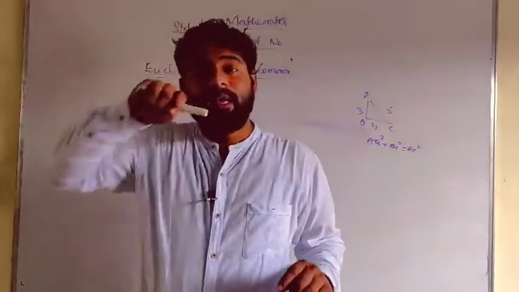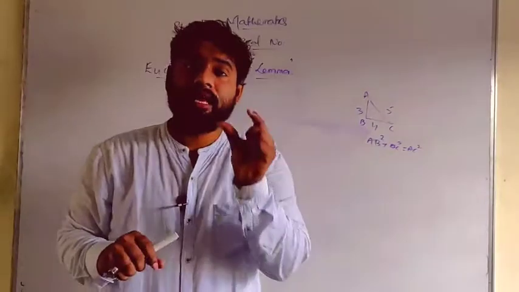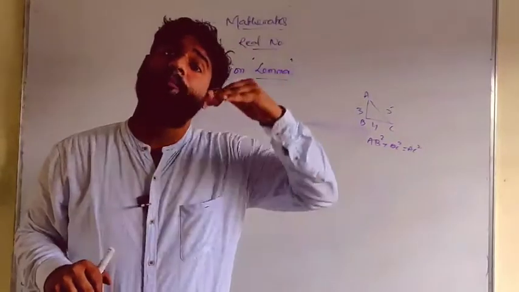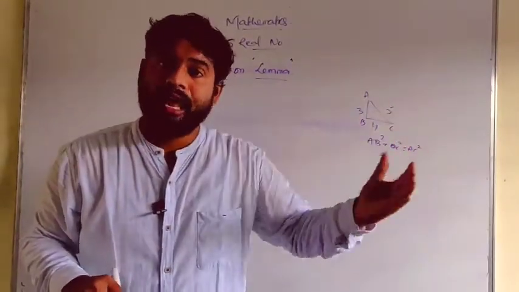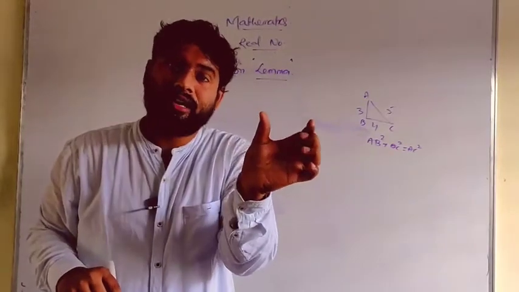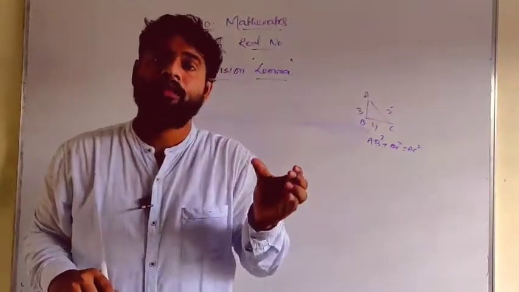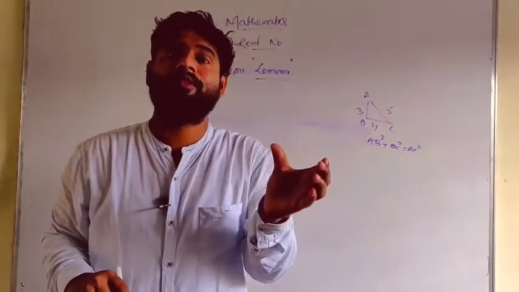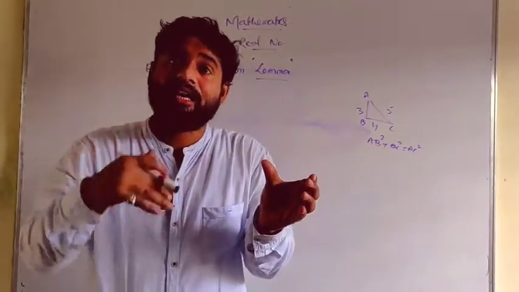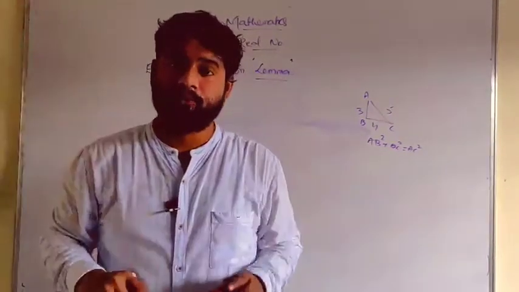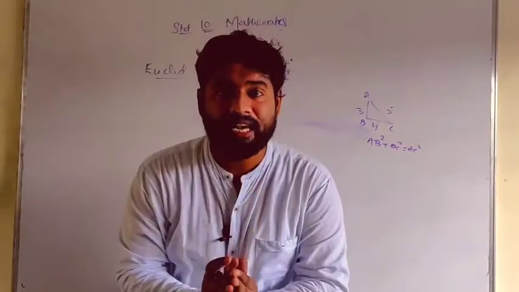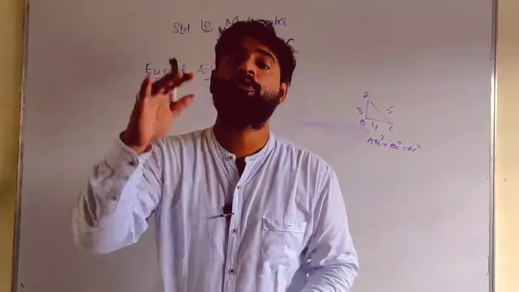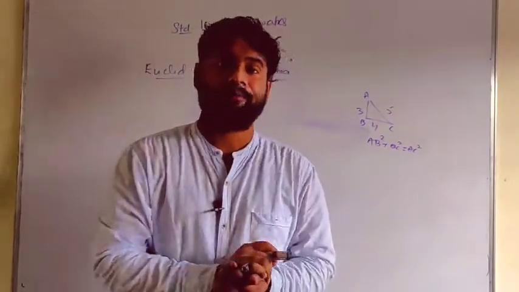So lemma means any statement which is already proved, and whatever answer we got from that proof, we take it as a result to prove some another statement. So lemma means the proven statement which is used to prove some another statement, right?